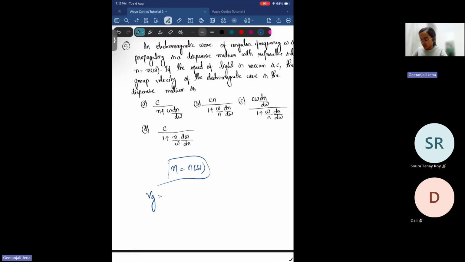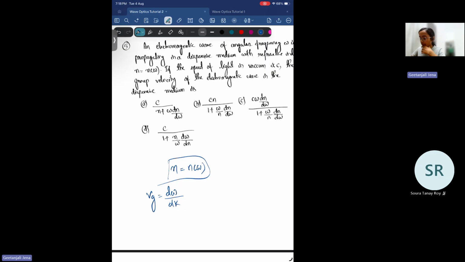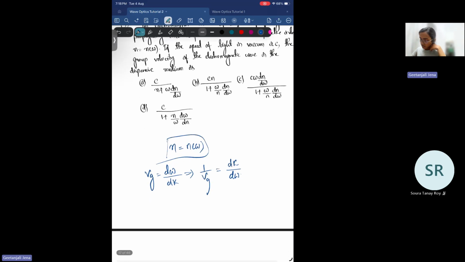So Vg is d omega over dk. We can write this as 1 by Vg is dk over d omega. So k is 2 pi over lambda.